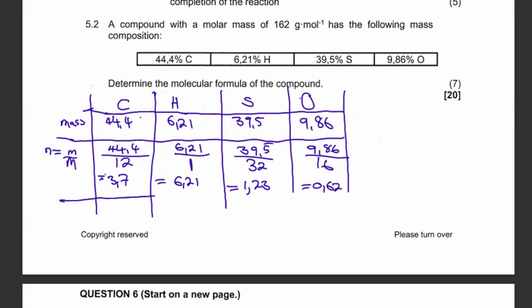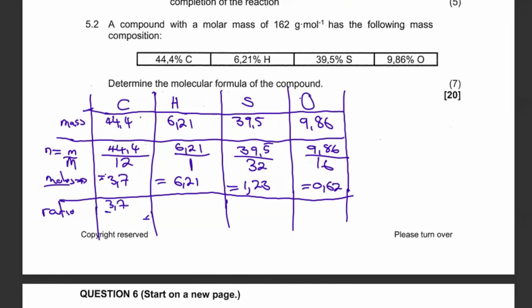Then after that, we need to find the mole ratio. To find the ratio, we divide by the smallest number of moles. These are the moles that we have here.